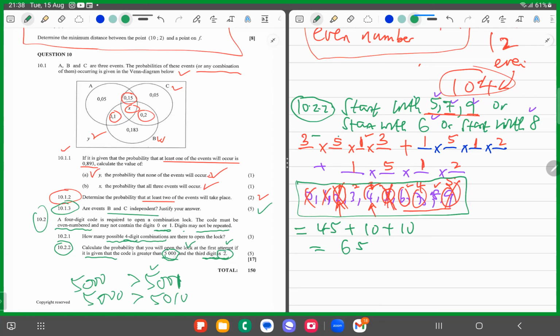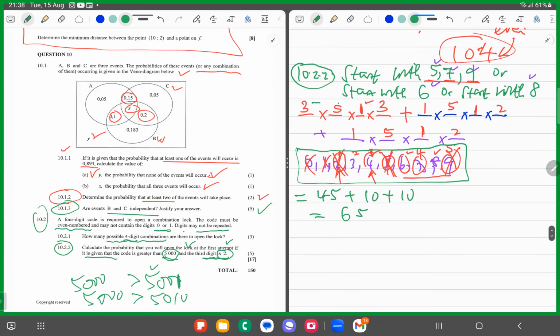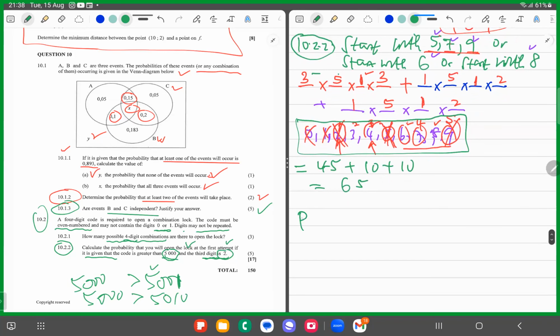Calculate the probability that you'll open the lock at first attempt. The probability will be given by 65 divided by the number of all possible combinations. What are all possible combinations of these?